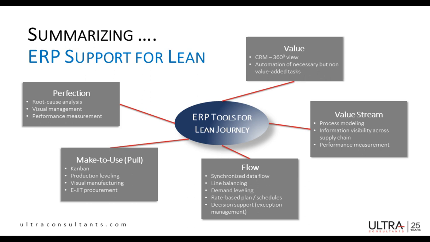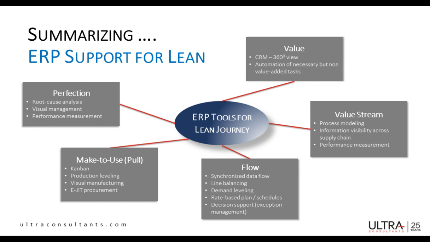Moving to pull and make to use, ERP packages support production leveling, Kanban, visual manufacturing, and e-JIT, which is where a supplier is allowed to look inside your ERP system and is authorized to replenish based on things they see. So I am calling it here electronic just in time. And then striving for perfection.